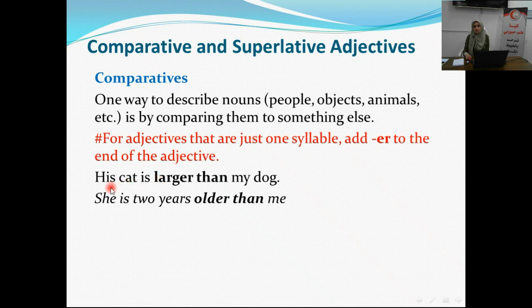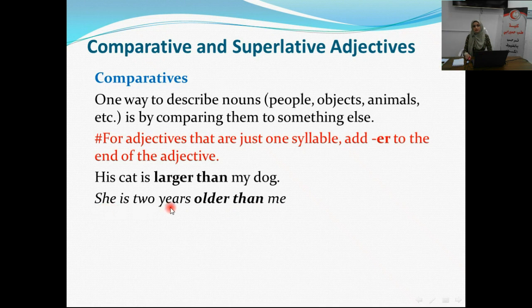As you see in this example, his cat is larger than my dog. So we are comparing the cat and the dog. We used larger, the comparative degree, by adding er because we have the adjective large, which is composed of one syllable. The second example is, she is 2 years older than me.